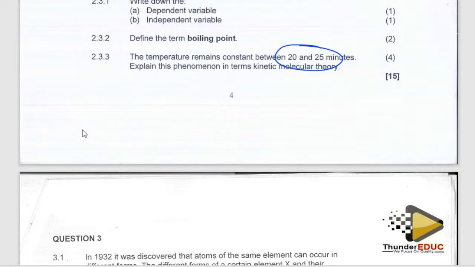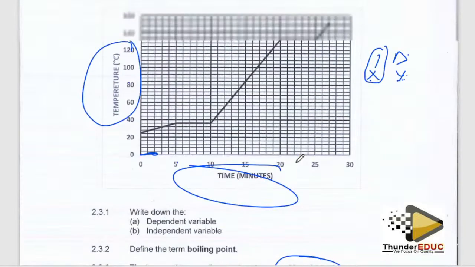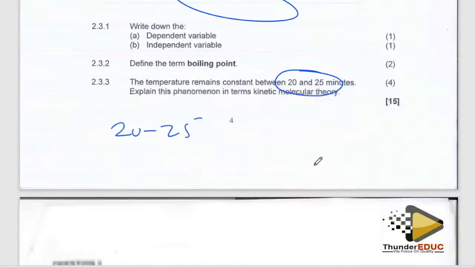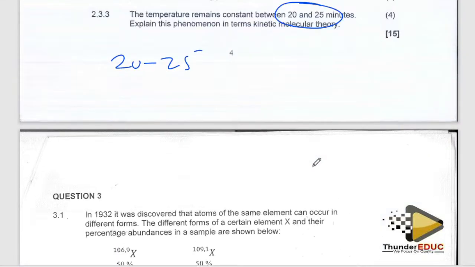So basically, between 20 to 25, what happens? It is the boiling point. Here we are expecting boiling, meaning that it is in the phase change. That's the boiling point. Hopefully they're going to give you a mark for mentioning boiling point. So the temperature of the liquid is going to remain the same.